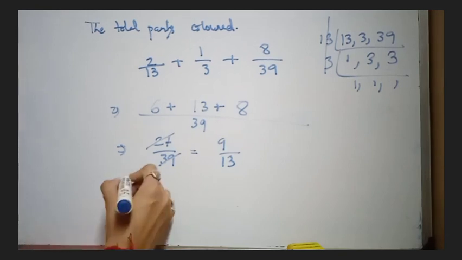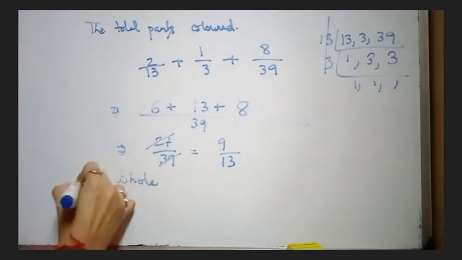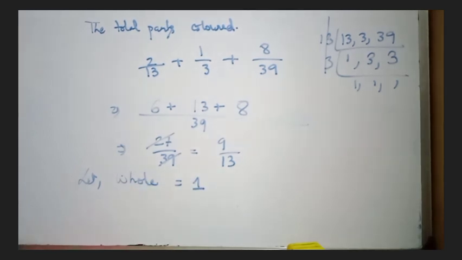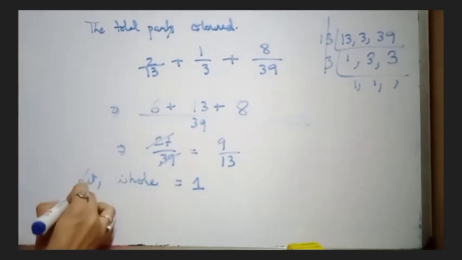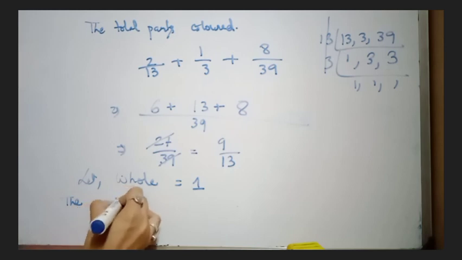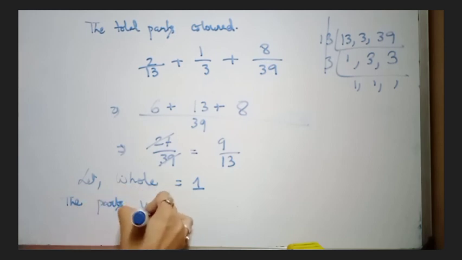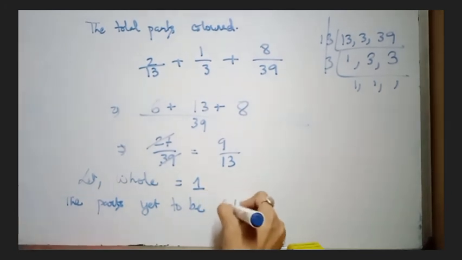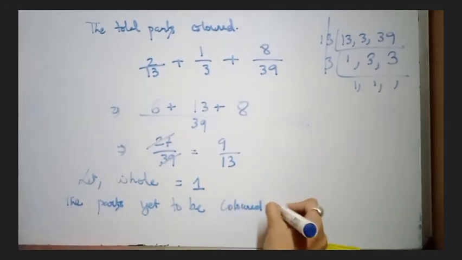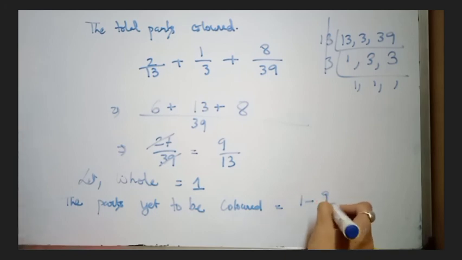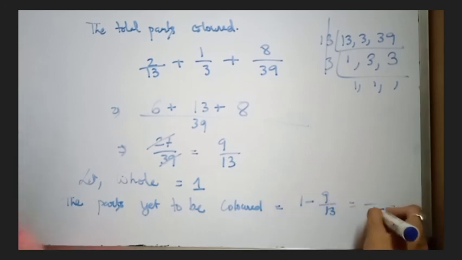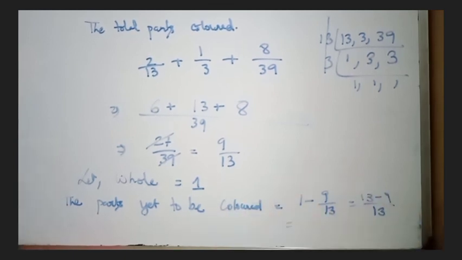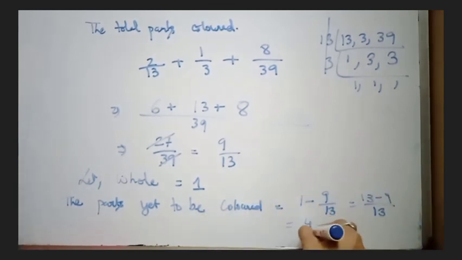Now we will take the whole as 1. Let the whole part of the bamboo be 1. So the parts yet to be colored will be 1 minus 9 by 13. The LCM is 13, and 13 minus 9 is 4 by 13.